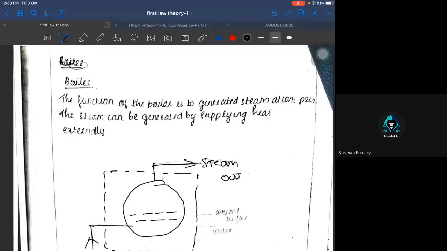Present, sir. You also did not respond, Shravan, when I called you. Sriraj. Present, sir. Next is Saurabha. Present, sir. Sumant. Present, sir. Next is Varun.